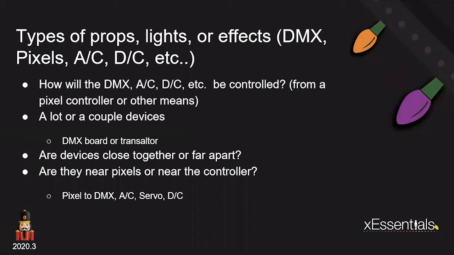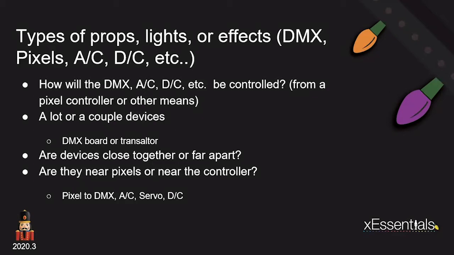If you have AC, DC, DMX, they actually make controllers that will operate off of pixel data. These controllers will connect inline and convert pixel data to either DMX, AC relays, servos, or DC. There's a lot of different options.